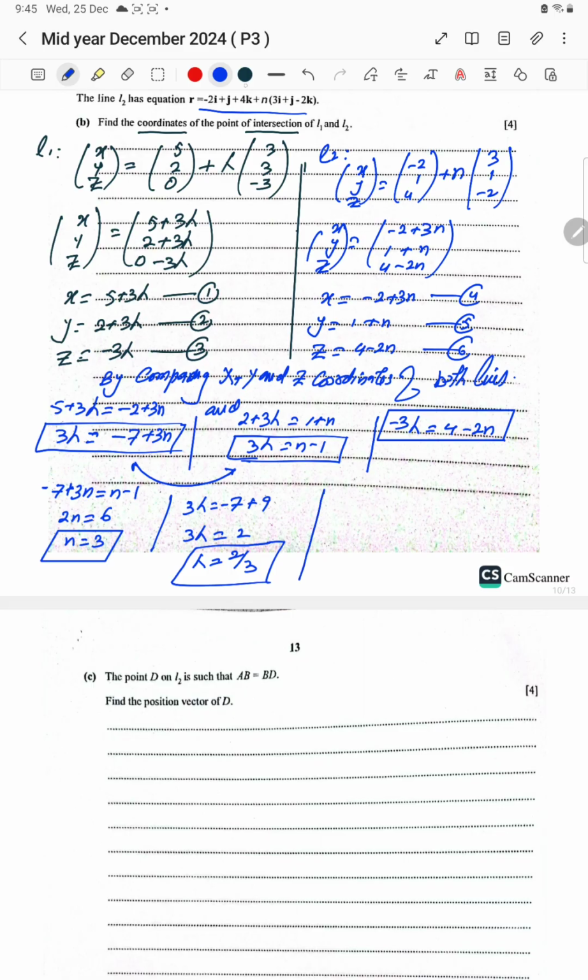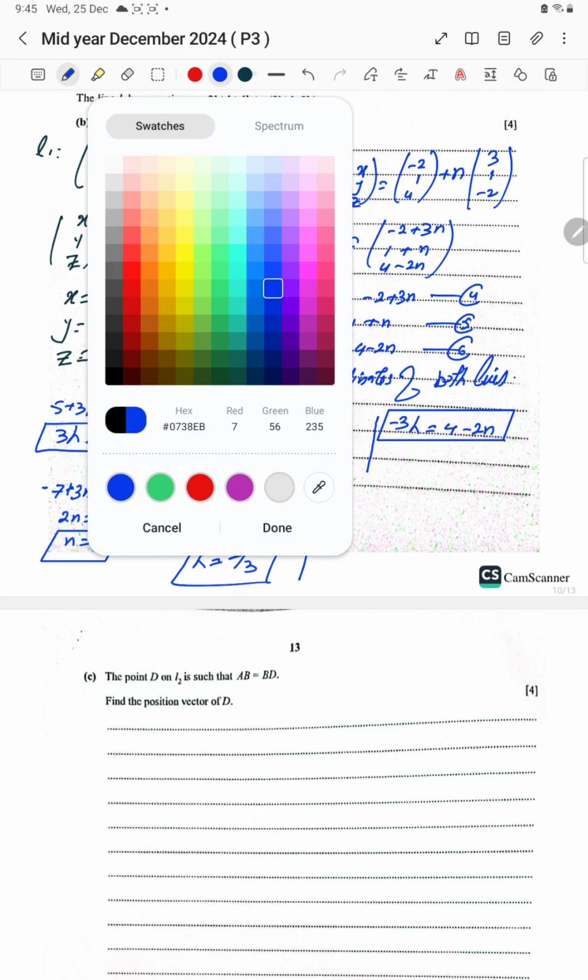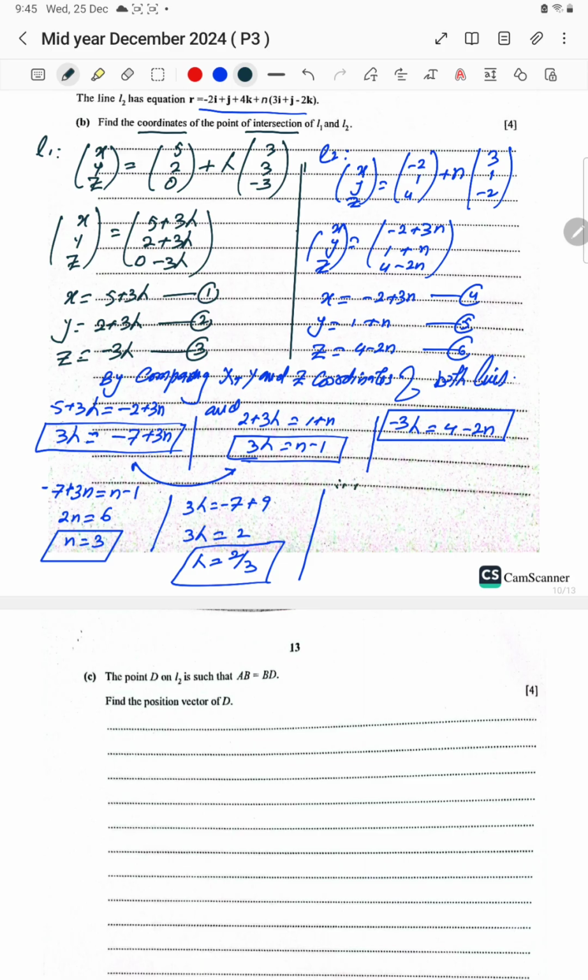Therefore, required point of intersection of lines L1 and L2 are, say, x, y, z.